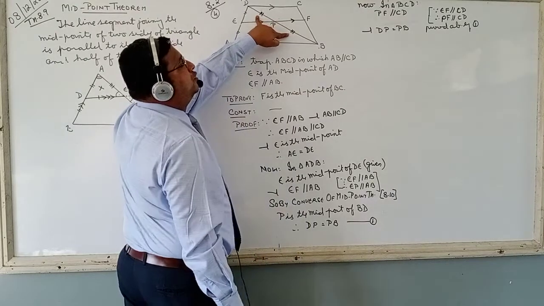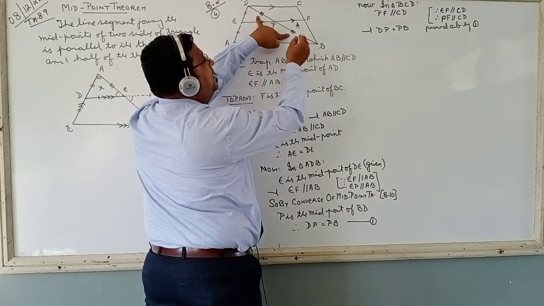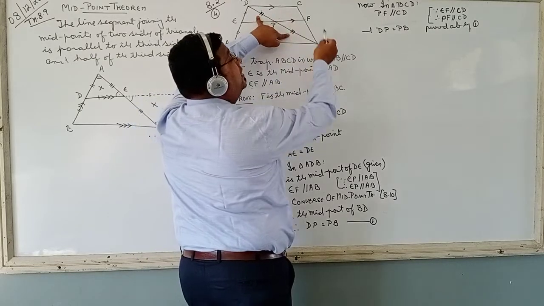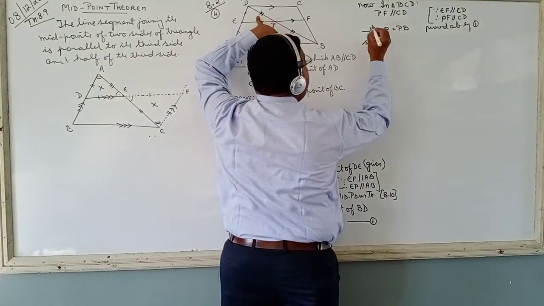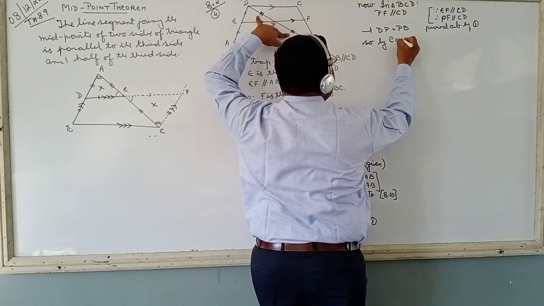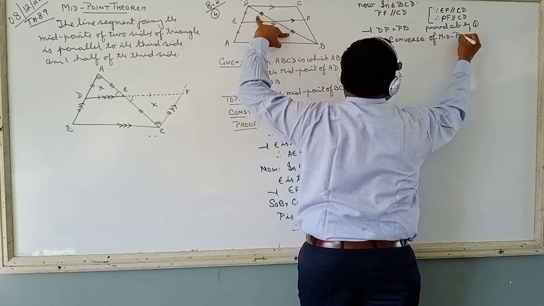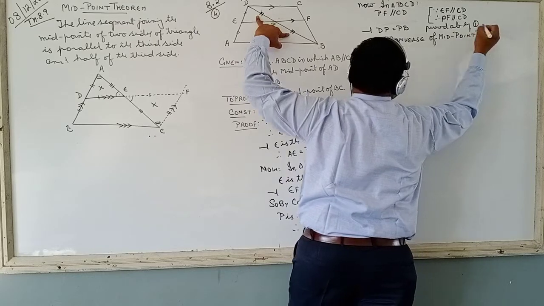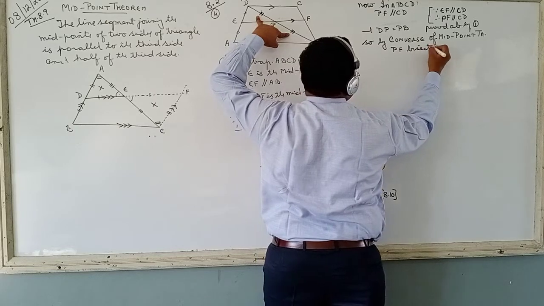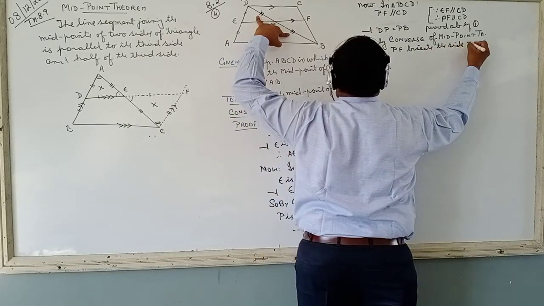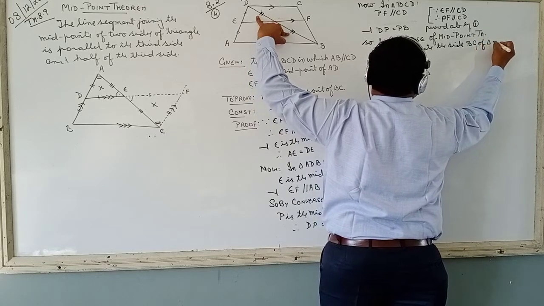So therefore, take a look at this triangle. The line PF is passing through the midpoint of one side, parallel to another side, then it does what? It bisects the third side, by the same reason. So, by converse of the midpoint theorem, PF bisects the side BC of triangle BCD.